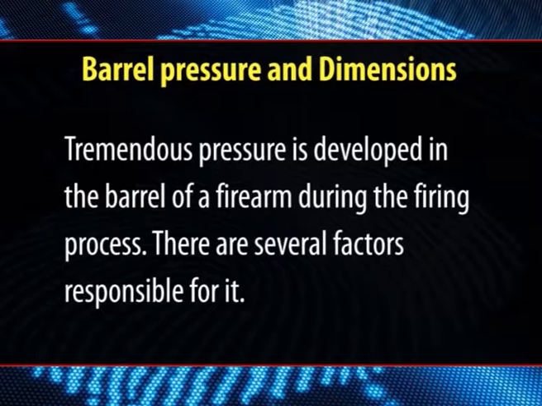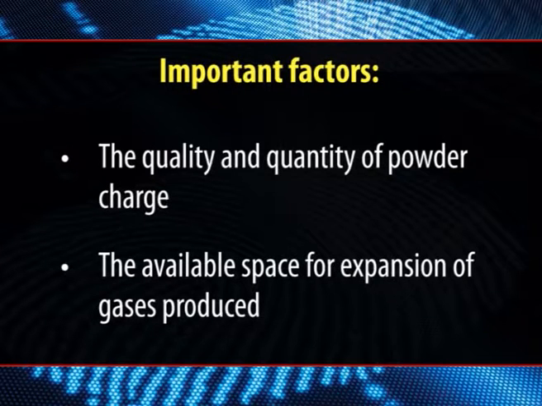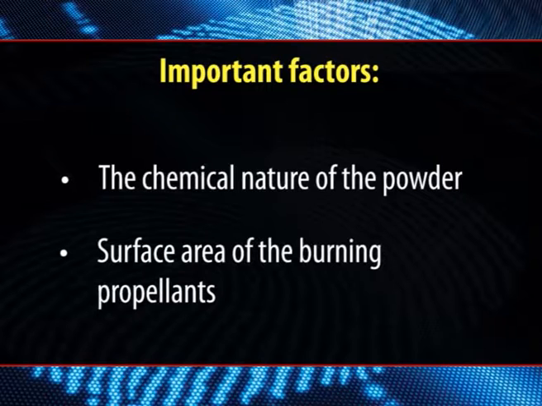Tremendous pressure is developed in the barrel of a firearm during the firing process. There are several factors responsible for it. Some of the important factors include the quality and quantity of powder charge, the available space for expansion of gases produced, the chemical nature of the powder, and the surface area of the burning propellants.